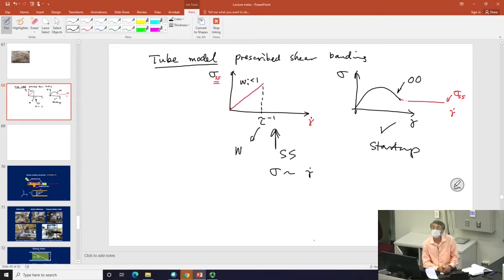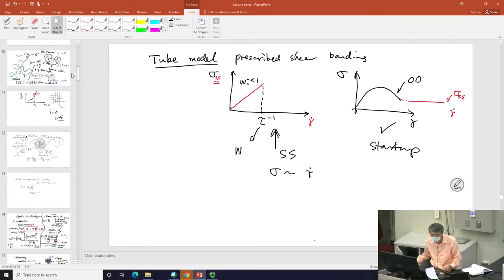Stress changing linearly with shear rate is what behavior? I probably lost you because we never had a formal discussion.